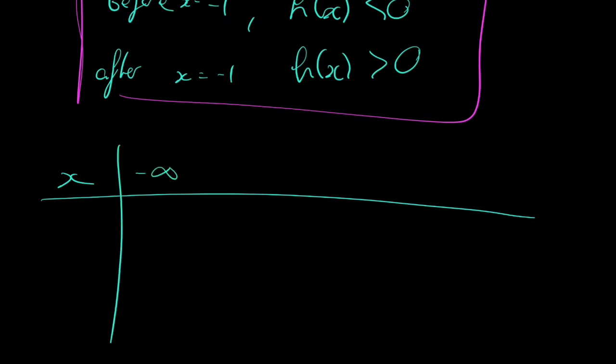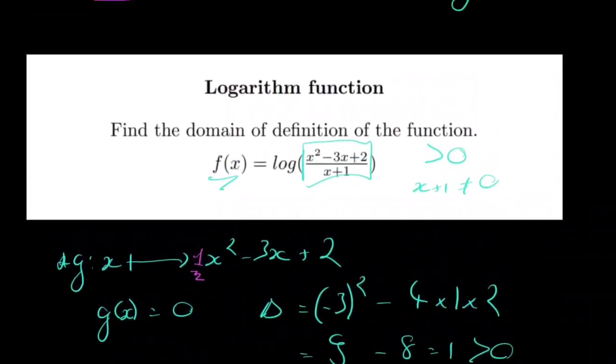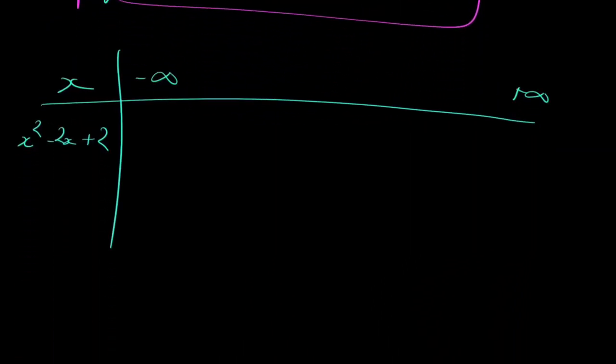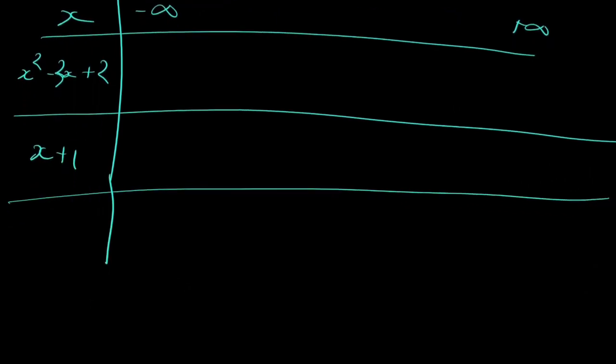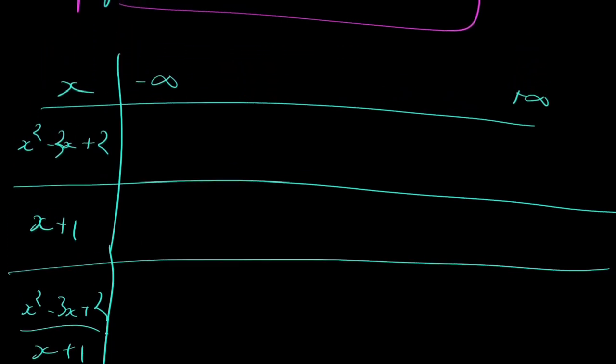So going from minus infinity to plus infinity, here we will have x squared minus 3x plus 2, that's the first. The sign of x plus 1. And finally, the sign, and if it's not defined we are going to tell it, of x squared minus 3x plus 2 over x plus 1, which is what's inside of the logarithm.